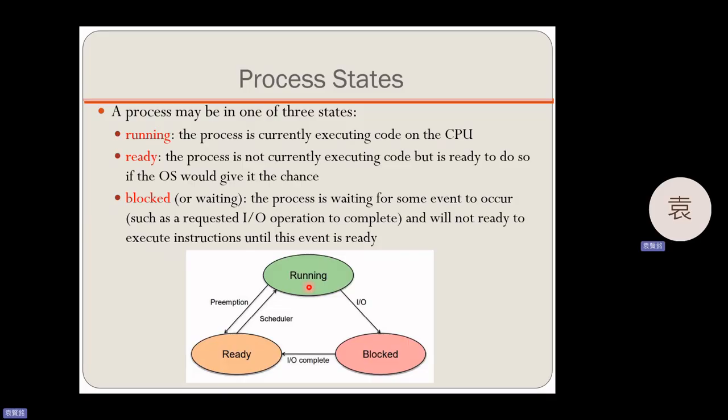A process is in the running state if it is currently using the CPU, and when the process requires I/O, it is moved to the blocked state because it needs to wait until the I/O completes. After the required I/O completes, the process is moved from the blocked state to the ready state. Now the process is ready to be executed by the CPU again.